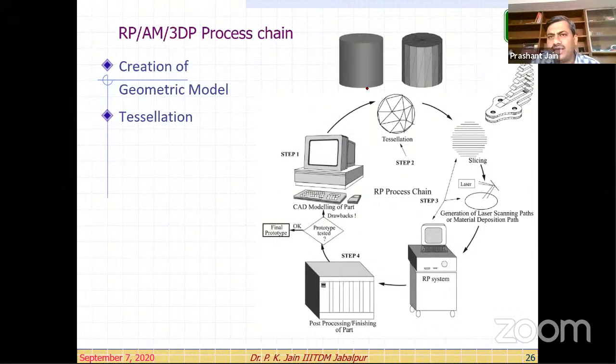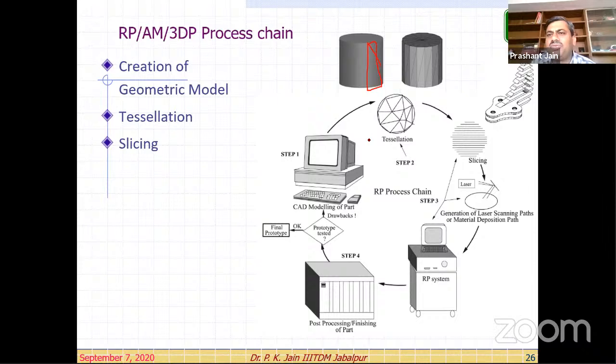So you see this complete cylinder has been cut like this and again converted into triangles, right? So this is known as tessellation, and tessellation is a piecewise approximation of the surface, right? So once we have this kind of piecewise approximation, this will help us.